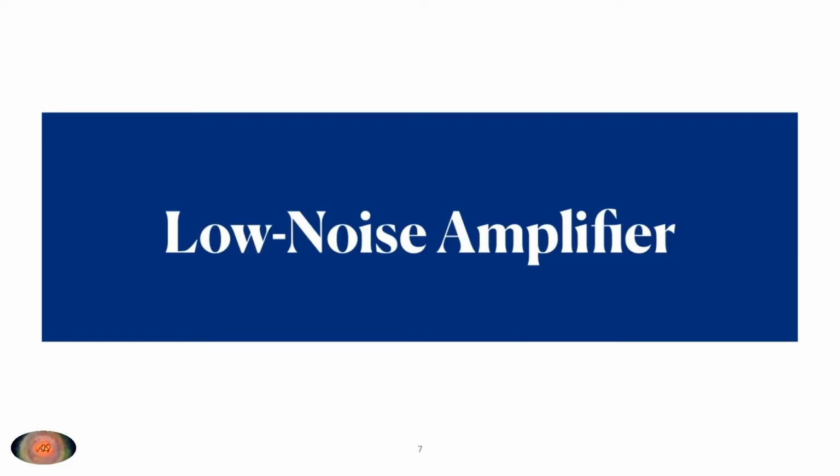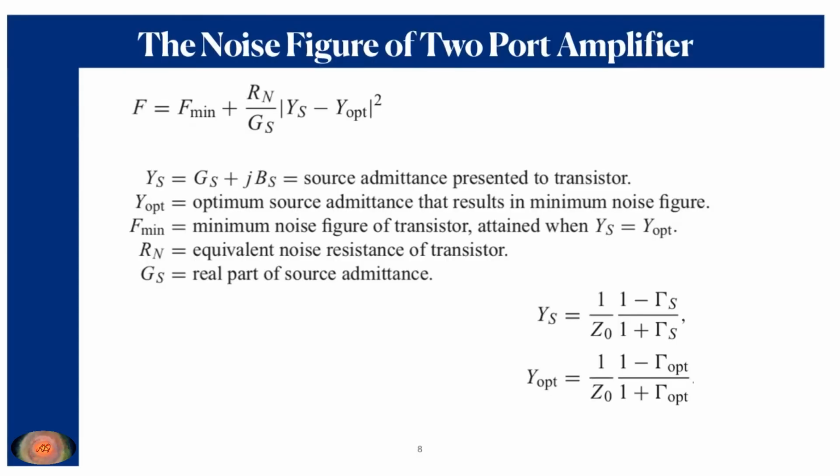Next is the low noise amplifier. In designing a low noise amplifier, a noise figure is generally considered, and that noise figure is written over here. The F min, as shown in this expression, is the minimum noise figure that should be achieved while you are designing the amplifier.